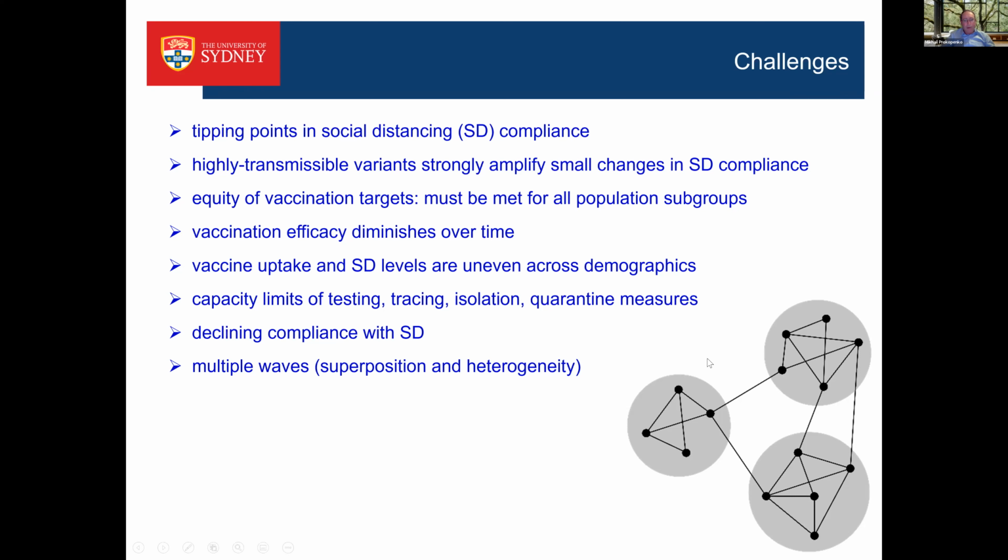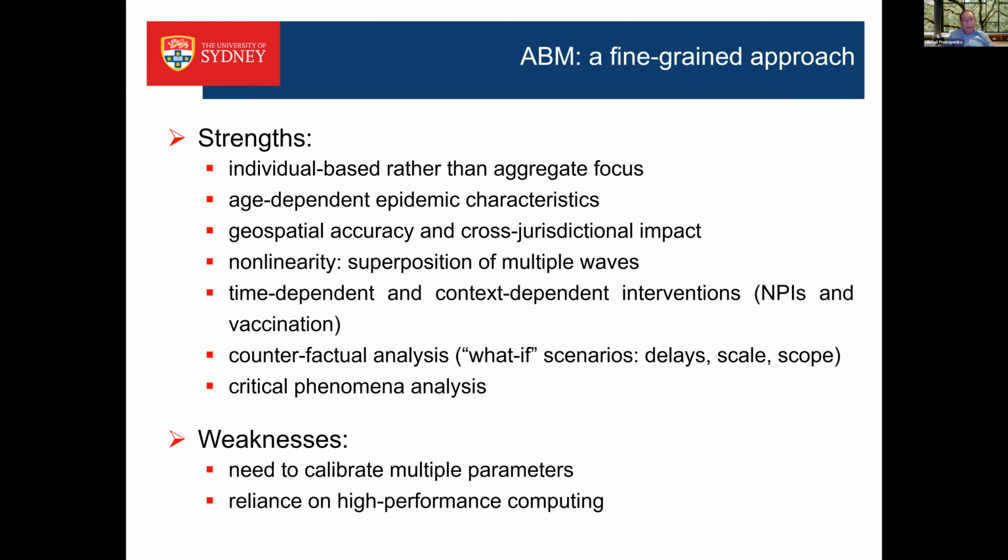But agent-based models, or modeling in general, is a good recipe because it has a lot of strengths, and I mentioned them, I won't repeat them, but it has weaknesses. You need to calibrate few parameters, and you need to use high-performance computing. So these are two weaknesses which are solvable, but you need to be aware of them.